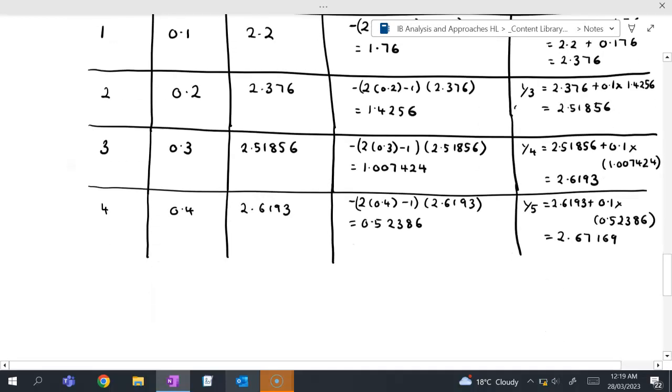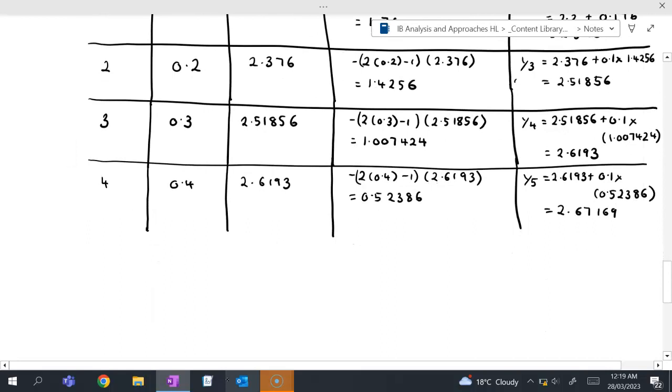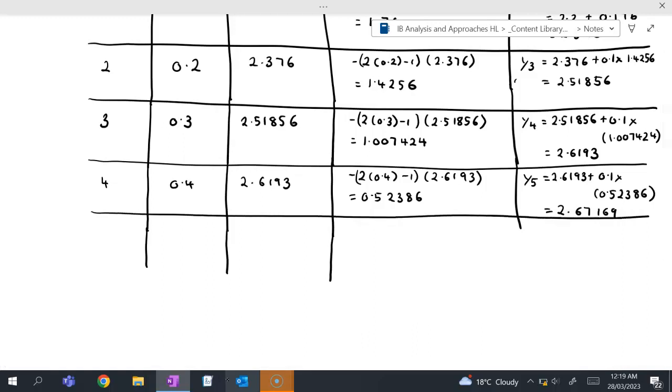And then fifth step, x is 0.5, the value of y is 2.67, and that's what we're looking for. We're looking for the value when x is 0.5, and so we've found it.